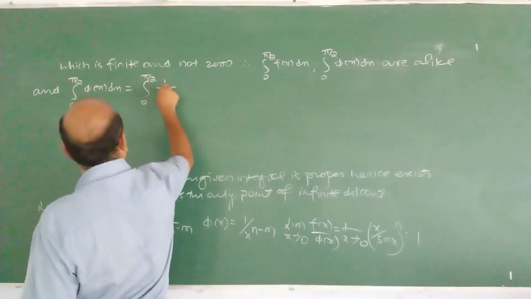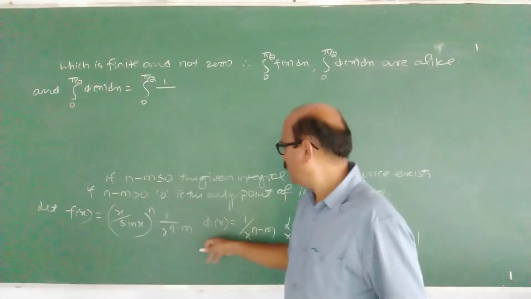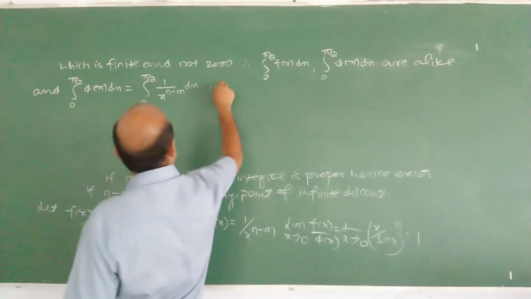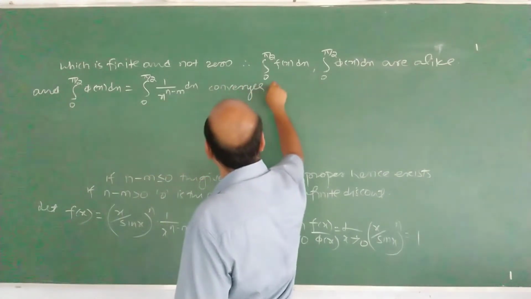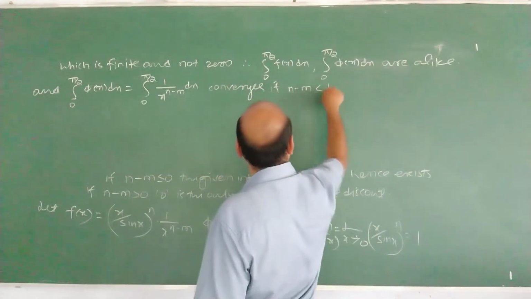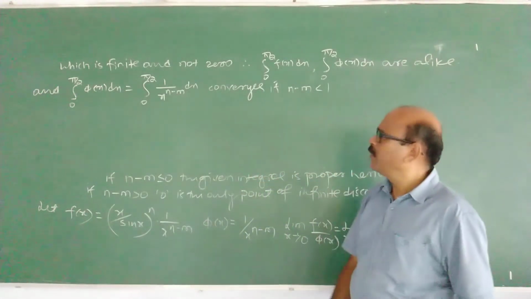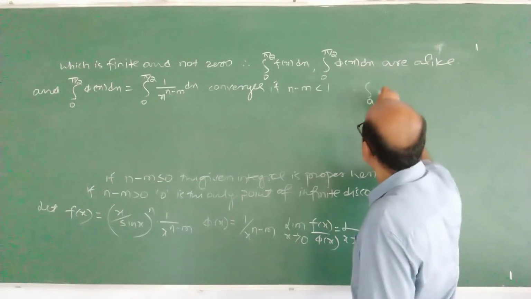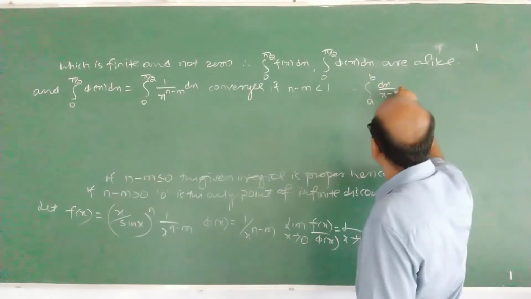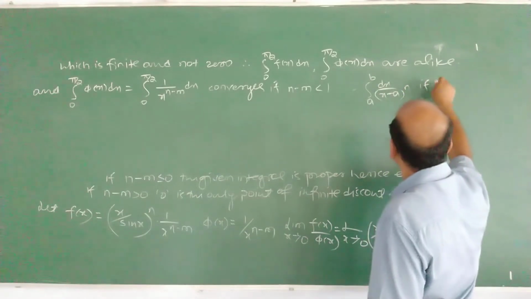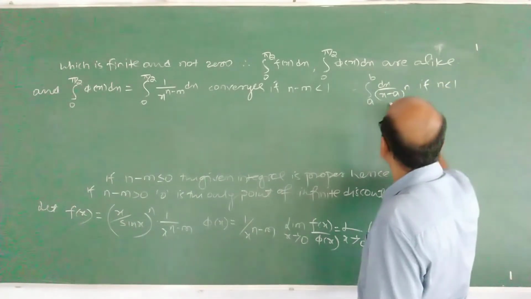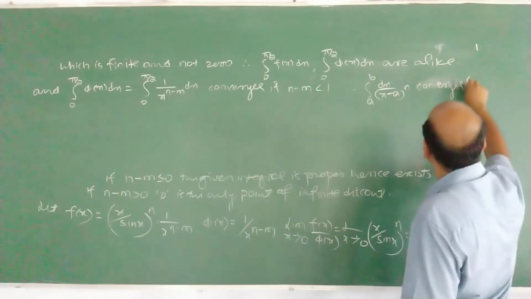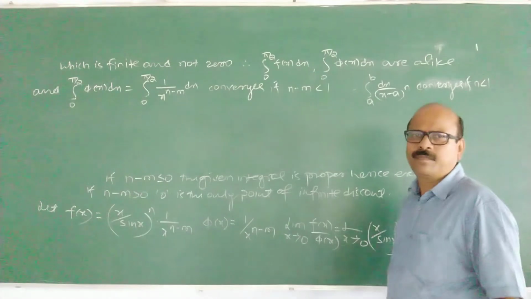The integral from 0 to pi by 2 of 1 upon x raised to n minus m converges if n minus m is less than 1, because this is a comparison integral: the integral from a to b of dx by x minus a raised to n converges if n is less than 1.